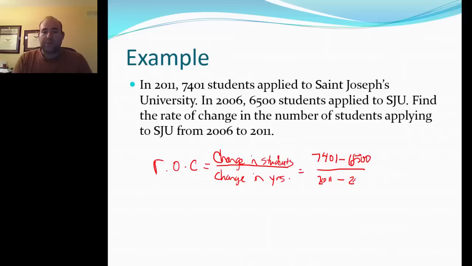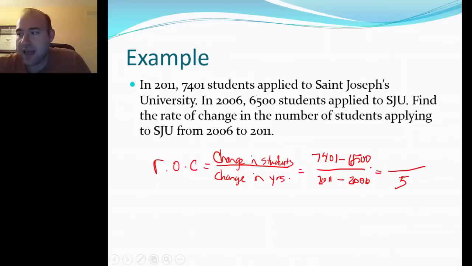And we'll line up the 2006 under the 6,500. And then we'll subtract separately. So I know that one's 5. And the other one, I want to check with my calculator so I don't give you the wrong number. Minus 6,500. 901. Okay, and then we can divide that by 5. We're going to get a decimal.